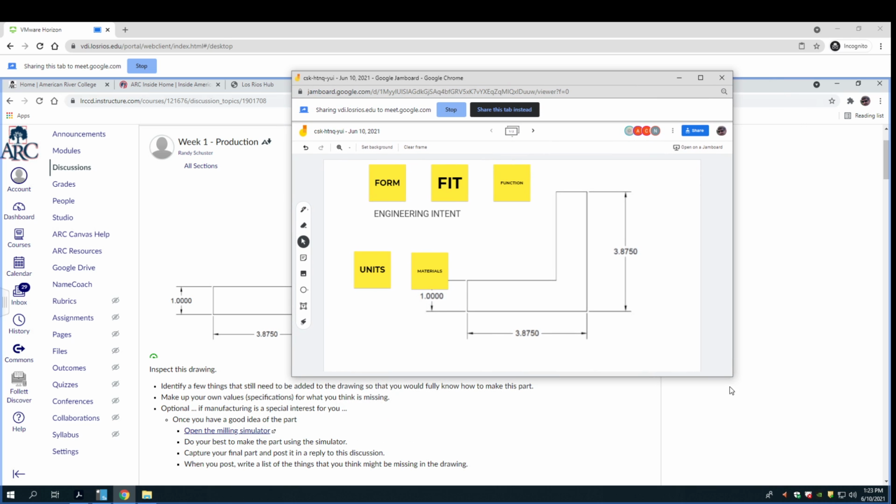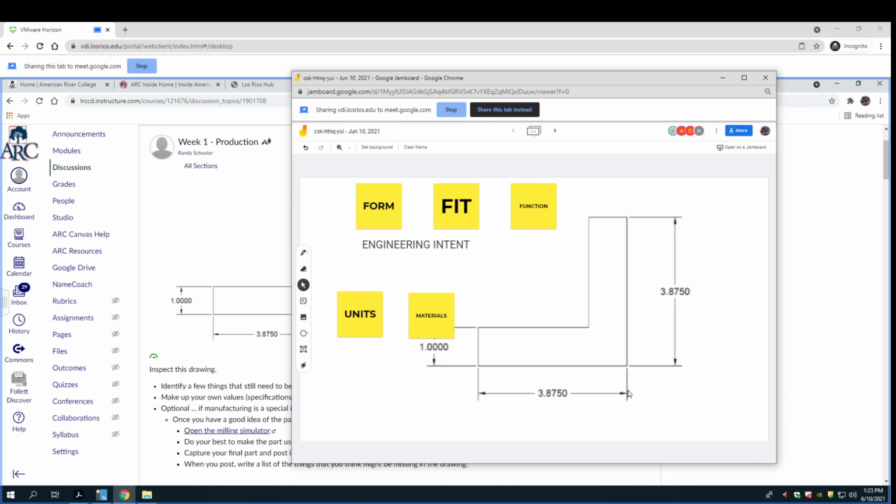So there's a bunch of other things that we need to know. We've talked about form, fit, and function. So like right here, we would have to know the radius. I'll just put R. We'd want to know the deburr.